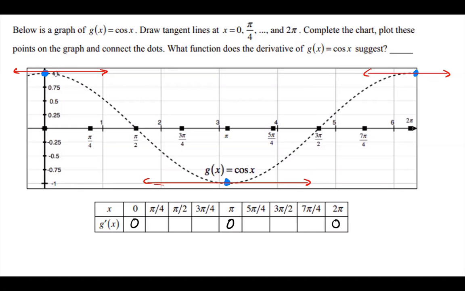I would have a -1. All right, a -1. And then where else would I have a +1 or -1? 3 pi over 2, yeah. That one would be a +1.